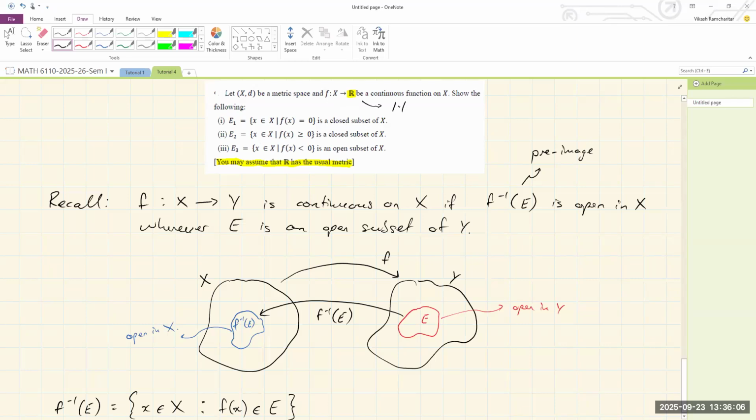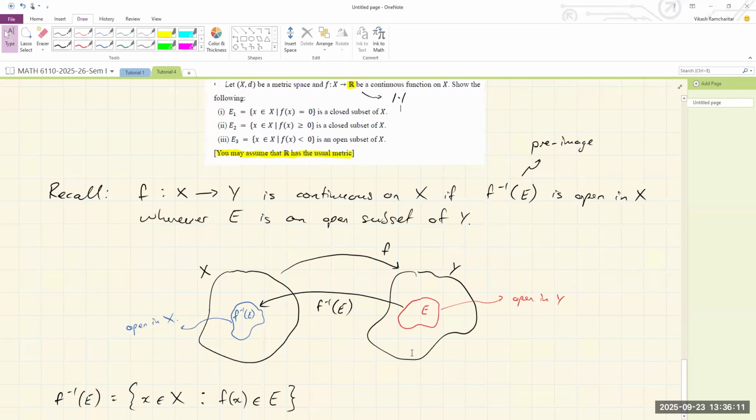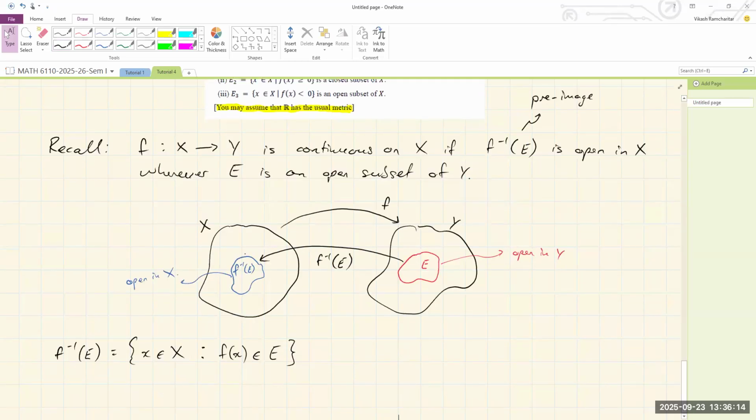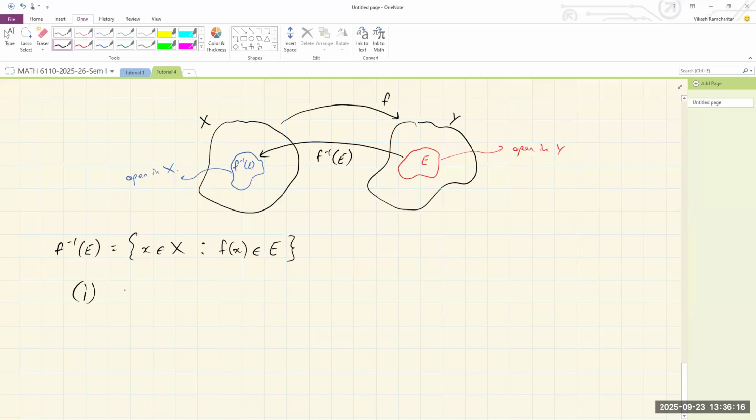So we're given E1, and we're given that the set E1 is the set of all elements in X such that when you apply f to it, this is equal to 0. Another way of writing this is it's the set of points in the domain X such that when you apply f to it, you end up in this set, singleton 0.